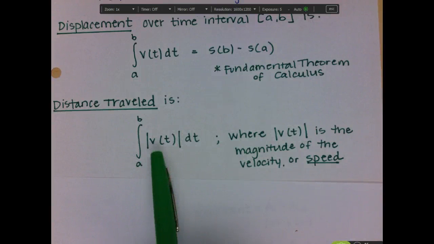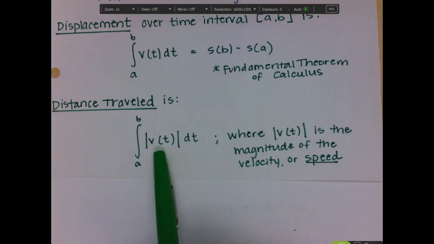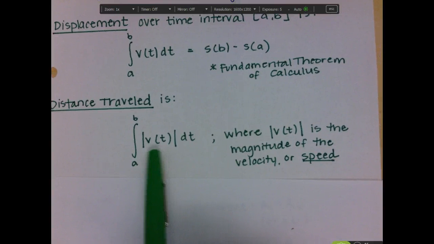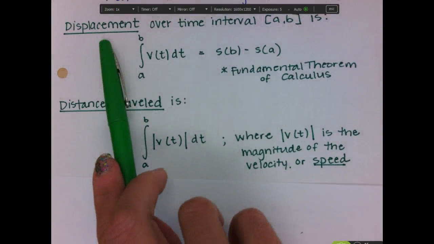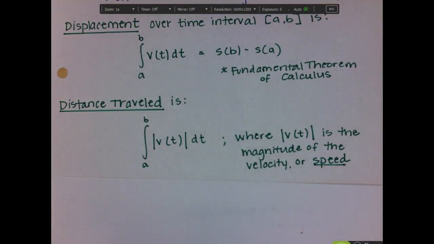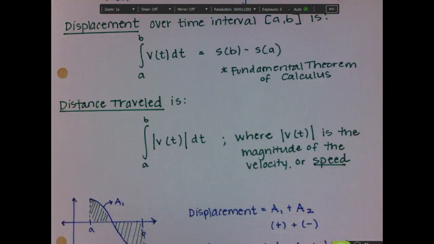Okay, so if we take the antiderivative of the velocity in its absolute value form, we get the distance traveled as opposed to the displacement, which has nothing to do with the absolute value piece. So I'd like to show this in terms of a diagram.